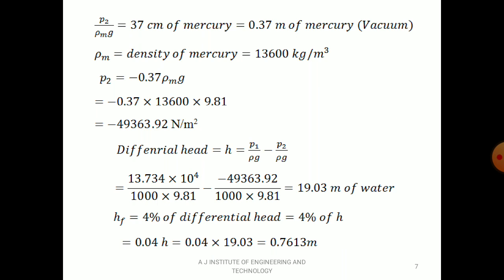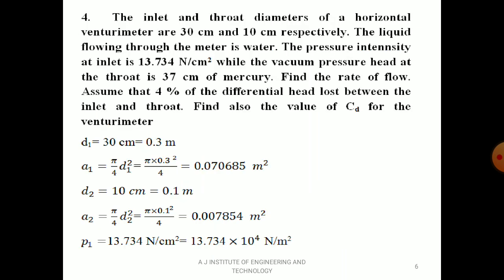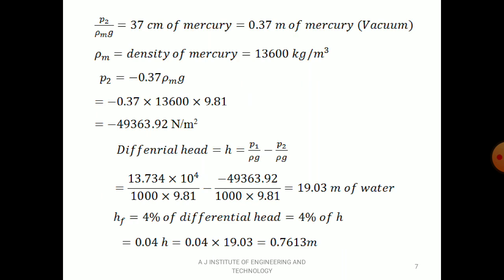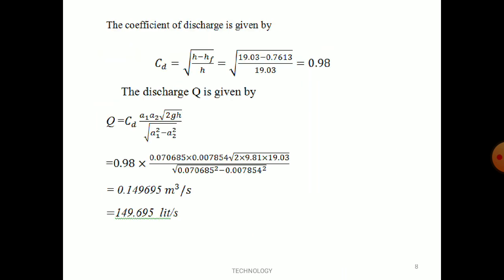Now as you can see in the problem, the CD value is not given. They ask us to find the value of CD. There's a correlation, as I already explained in the previous video, so you can just remember that correlation for CD. The coefficient of discharge is given by CD equal to square root of H minus HF divided by H, where H is the differential pressure head and HF is the head loss due to friction.